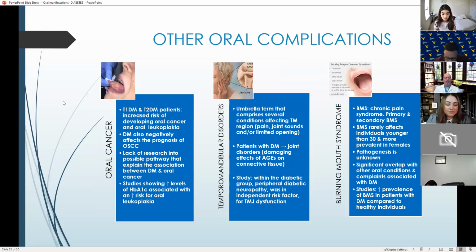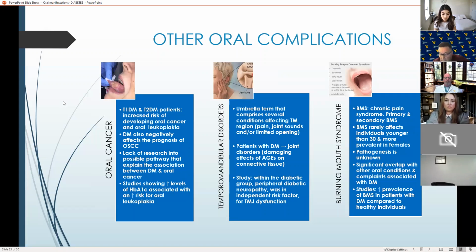For instance, some studies have shown that elevated levels of HbA1c have been associated with an increased risk of oral leukoplakia, which is, like I said, a premalignant oral mucosal lesion. In terms of the temporomandibular disorders, it is an umbrella term that comprises several conditions affecting the temporomandibular region.